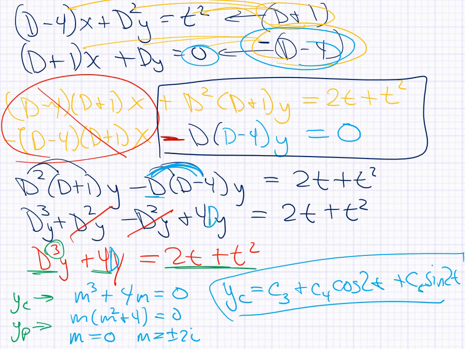But then we need to figure out what y sub p is. How? Let's do elimination again. If we annihilate this thing with a D cubed, then we can go ahead and find the form of y sub p and then solve for y sub p's components.